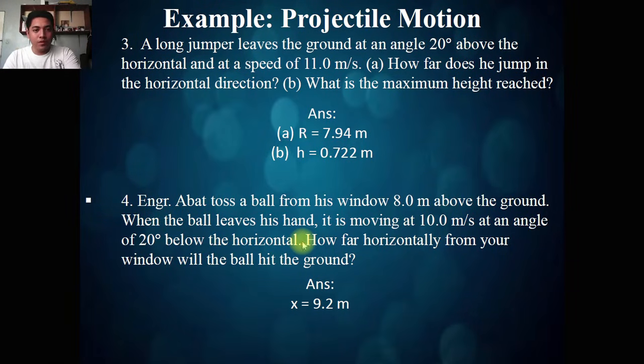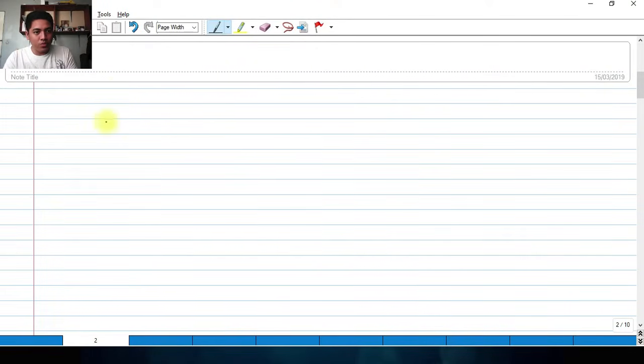So let's try first to draw. I hope I could draw legibly here in my Wacom tablet. So for example, this is the building, and this is our horizontal.